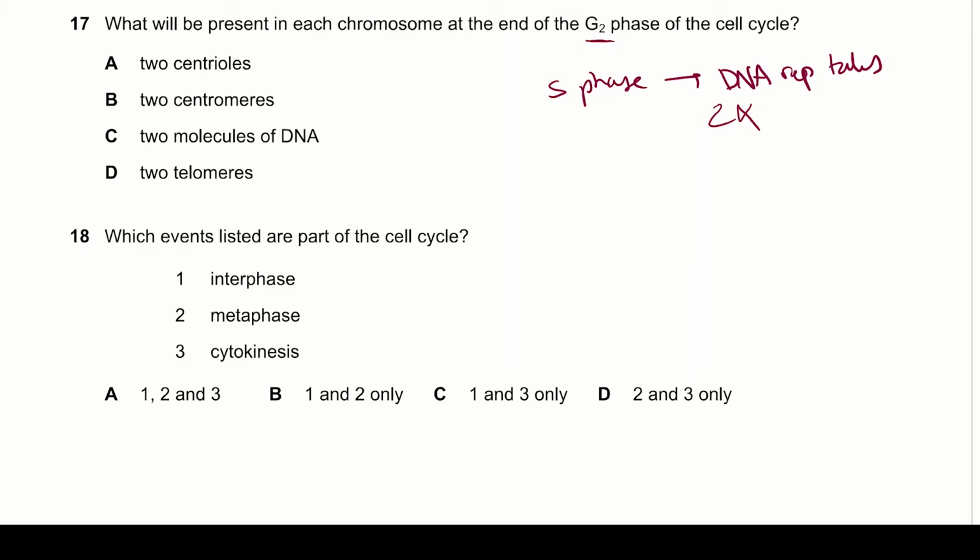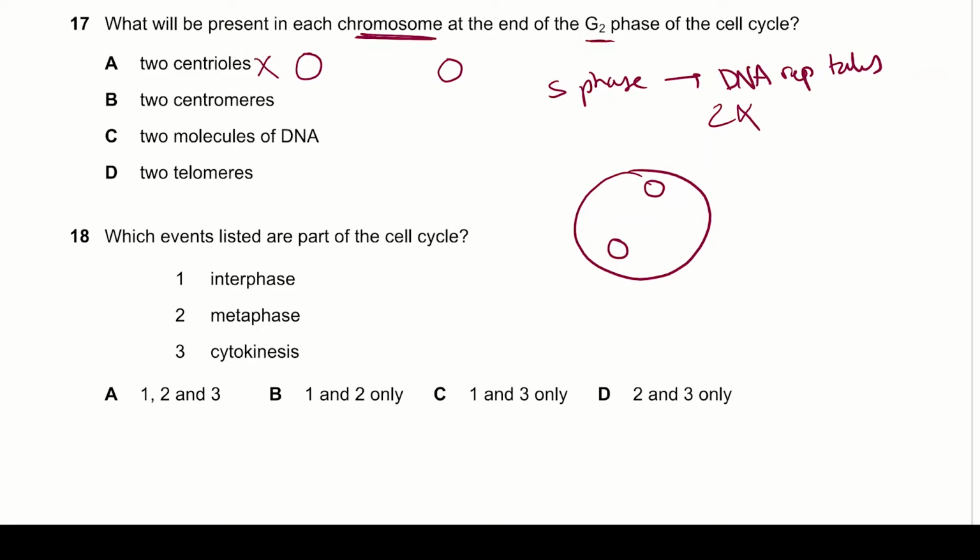A. 2 centrioles. Centrioles are produced by 2 microtubules lying 90 degrees to each other, and they have nothing to do with the chromosomes. They are found at the 2 poles of the cell during prophase, exactly like this, and they produce the spindle fibers during mitosis. So this is incorrect.